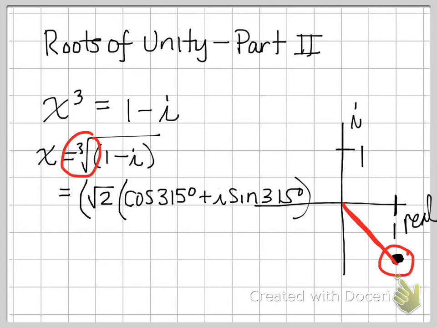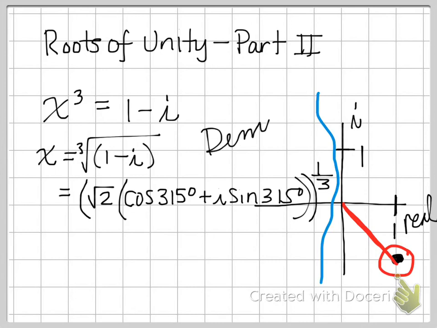Now, of course, we know that roots can be written as powers, right? So I'm going to write that as to the 1/3. All right, and hopefully you're not getting lost with all the clutter here. So I've got rad 2 times cosine 315 plus i sine 315 to the 1/3. That's going to give me my first root. And how is it going to do it?